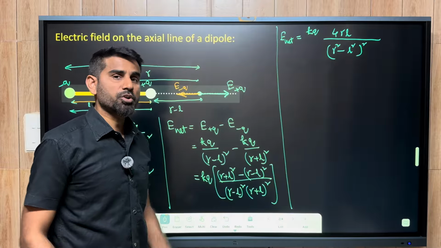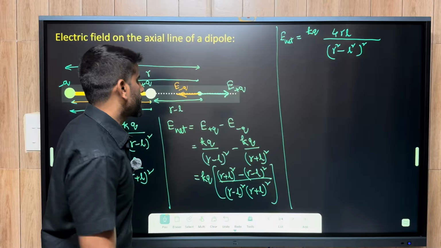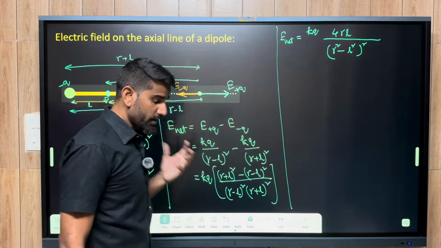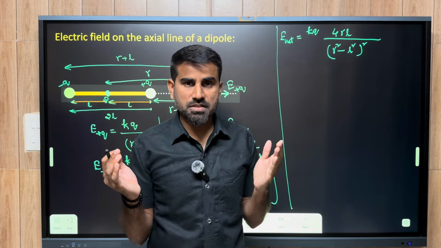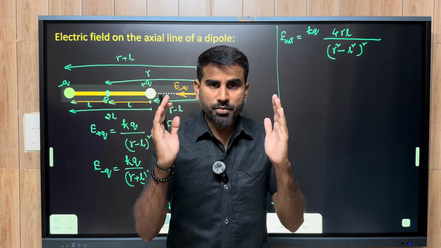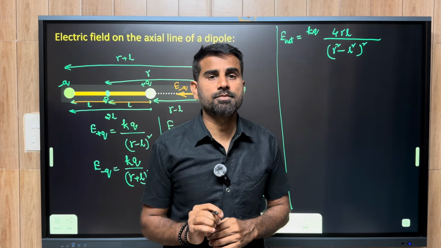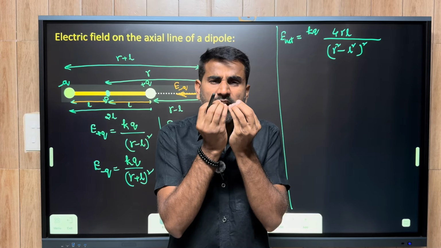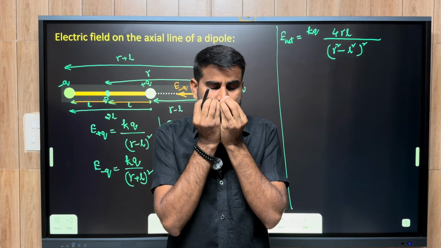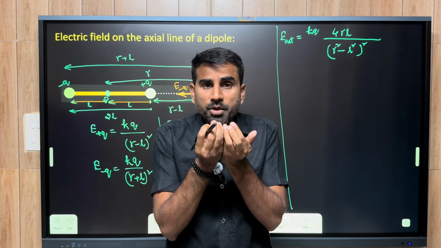But anyhow, we have the approximation here, right? What kind of approximation? While defining this electric dipole, I mentioned that two equal amounts of charges with opposite polarity are separated by a small distance, like the example I gave, Na and Cl separated by nanometers, maybe picometers, maybe femtometers distance.